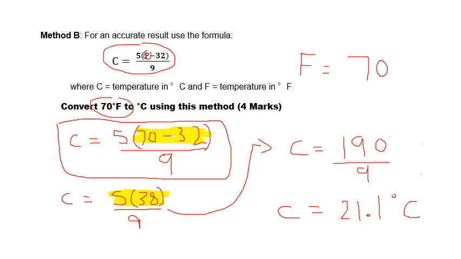So using the formula we have converted 70 degrees Fahrenheit into 21.1 degrees Celsius. So method B is a more accurate method.